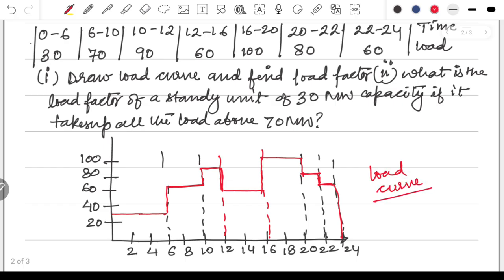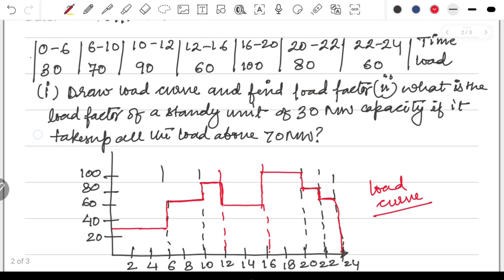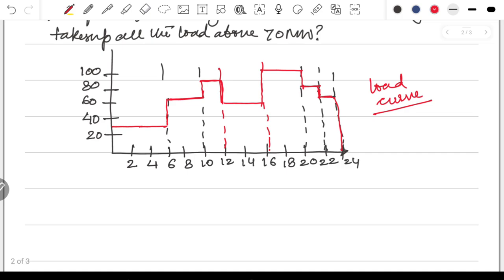Now the first part is over, and the task is to find out the load factor. So what was the load factor? If you remember, the load factor is the ratio of average load to the peak load. The average load is evaluated as the area under this particular curve divided by the total time.